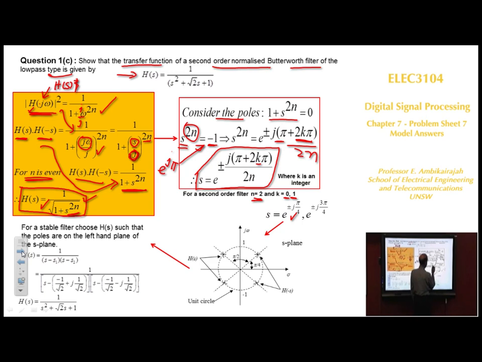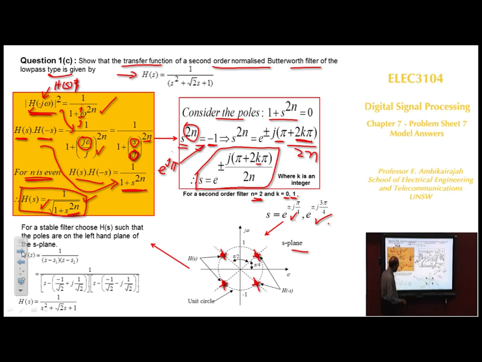And then k equal to 1, you get that. Now you plot all these poles on the s-plane. One is here, another one is there, the other one is pi over 4 here, minus pi over 4. This is 3 pi over 4, minus 3 pi over 4. These are all poles.